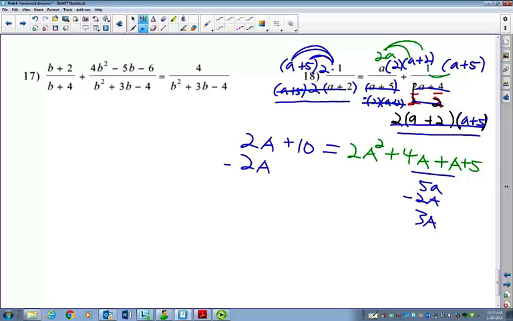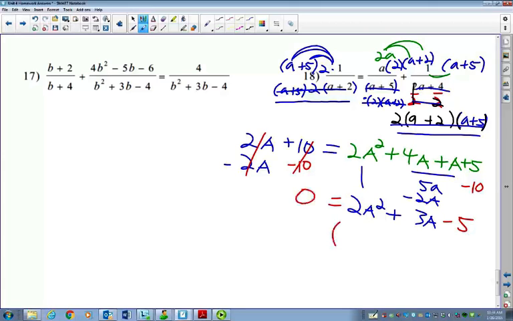Cool. And then we could bring down the 2a squared plus 3a. And then we also want to minus 10 to both sides. So we get a positive 5 with a negative 10 is going to be a negative 5. Cool. And now we have everything else on this side to be 0.